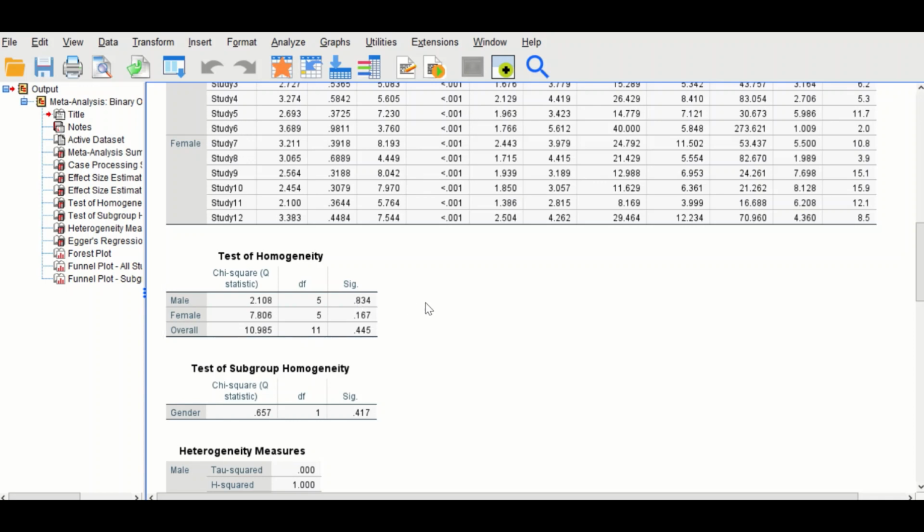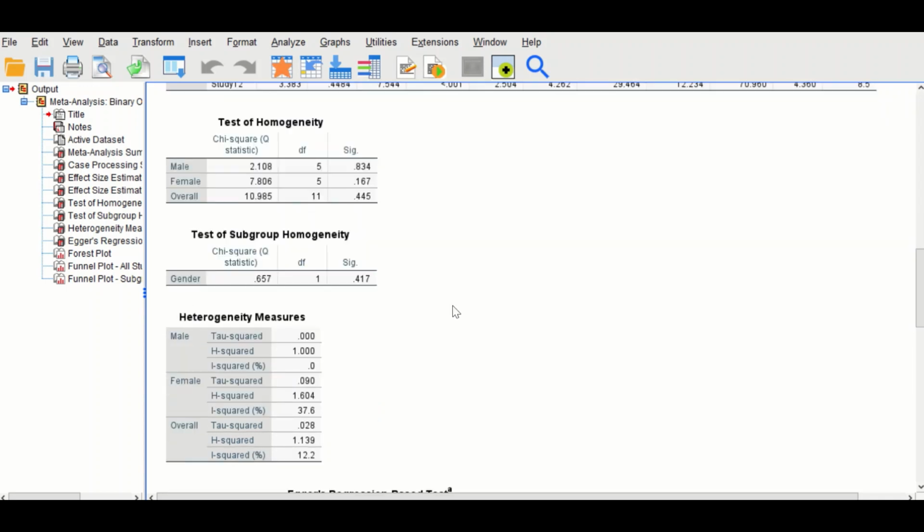less degree of heterogeneity, and can be confirmed by the I-squared, as shown here, that the I-squared for the male is 0% and for the females is 37.6.